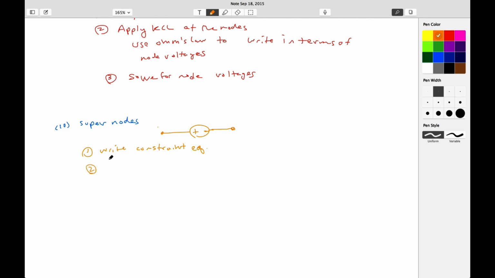And then the next thing we do is write KCL at the supernode, so that means current into the supernode is equal to the current out of the supernode. You'll see this when I do an example in a little bit.